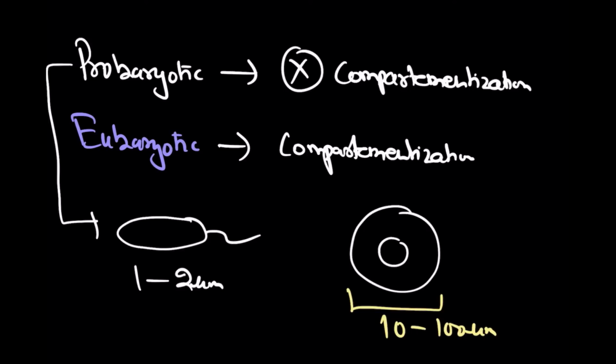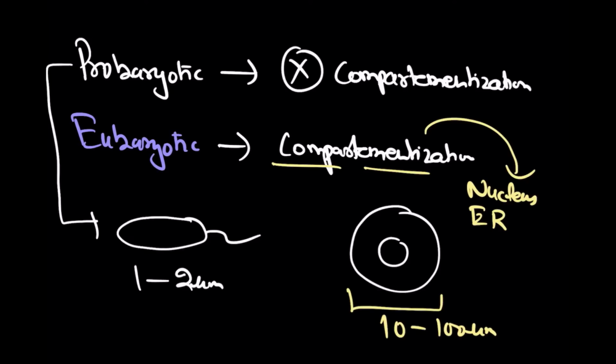So compartmentalization means within the eukaryotic cell you are going to have other membrane bound organelles. Like here I have mentioned, you are going to see the presence of nucleus, around the nucleus endoplasmic reticulum, then Golgi bodies, then mitochondria.